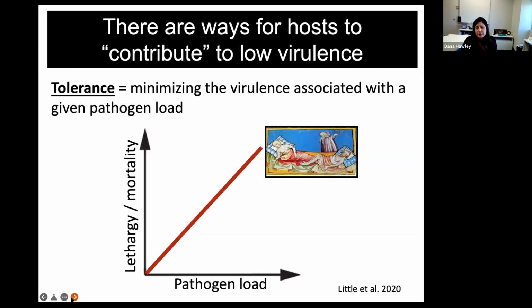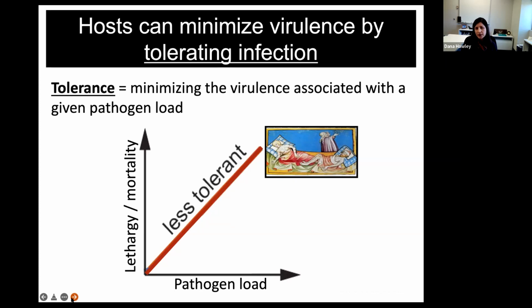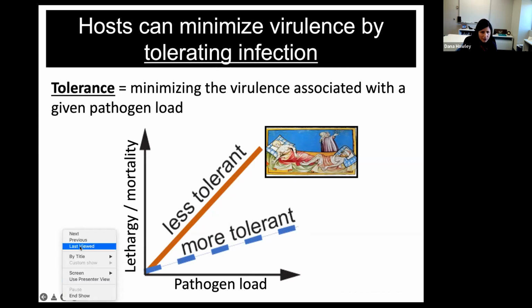But we might see variation in the slope of that line, where you may have some individuals or some populations that are relatively less tolerant, and others that are relatively more tolerant, meaning that they can harbor quite high loads of the same pathogen, but not experience the same degree of fitness impacts here on the y-axis.